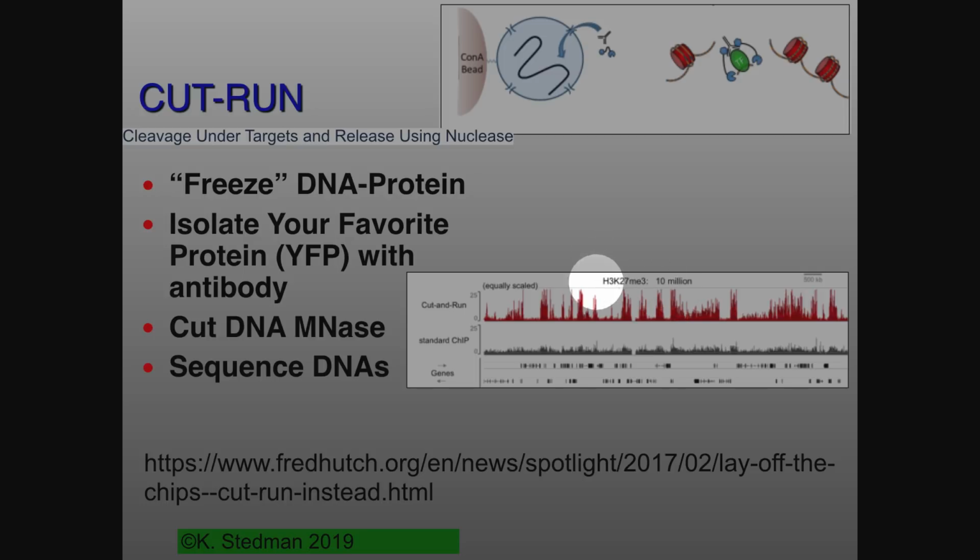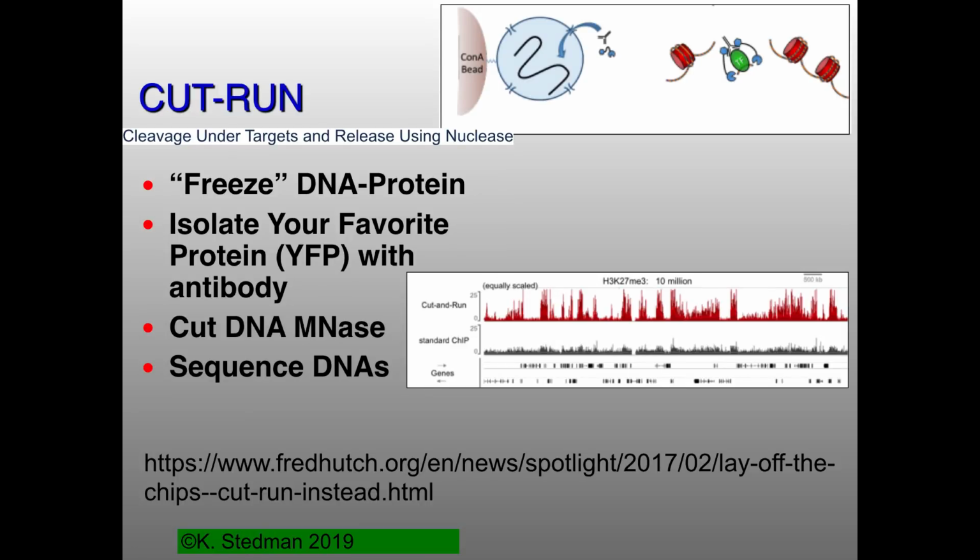Here we have an antibody to lysine 27 methylated in histone H3, and you find that they're bound here in the areas next to where you have lots of genes being transcribed. So it's just another way of looking at where your protein has bound to DNA, but now you're looking at it in the context of a whole cell. Okay, questions about any of these methods or the method stuff that I didn't talk about?